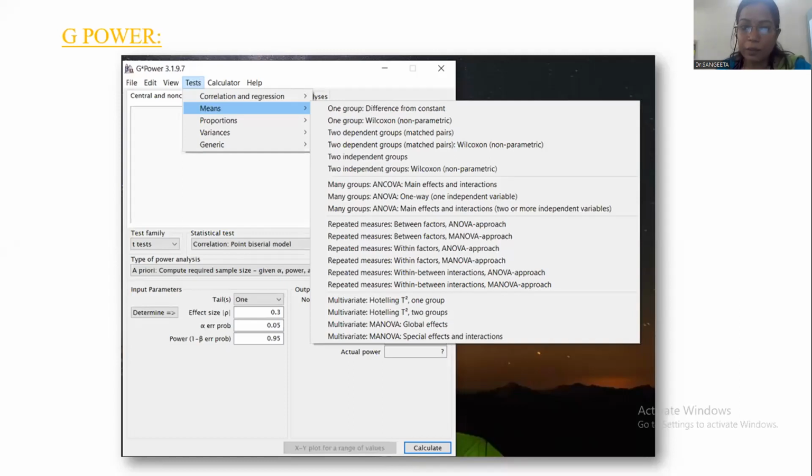We have done with our effect size, alpha error, that is your significance level, and the power of the study. It also needs us to give input about which test you need to apply. So we need to have a brief knowledge about which test to apply in which situation.